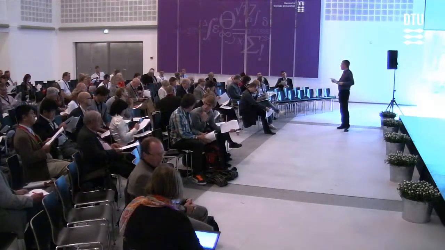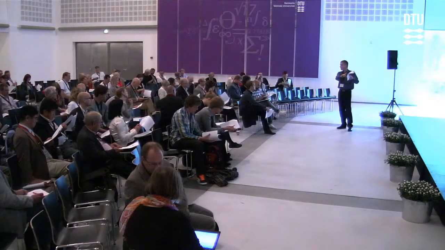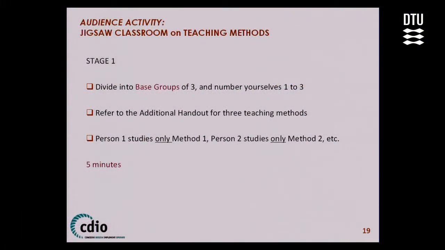And if you are number 3, only read method 3. Now, that's all I want you to do at the moment, is read that section. I'll give you 5 minutes to read that section. It's about half a page each. Just read that section and study it.